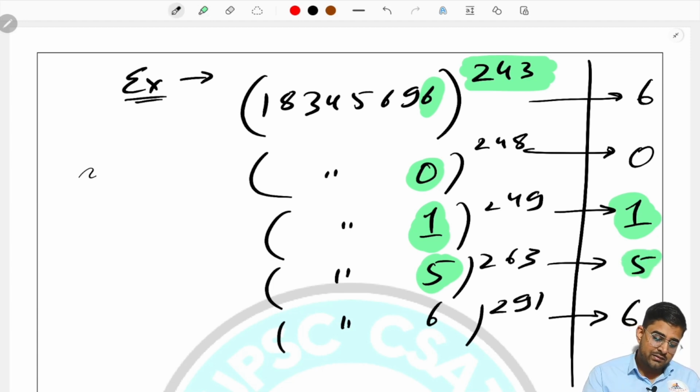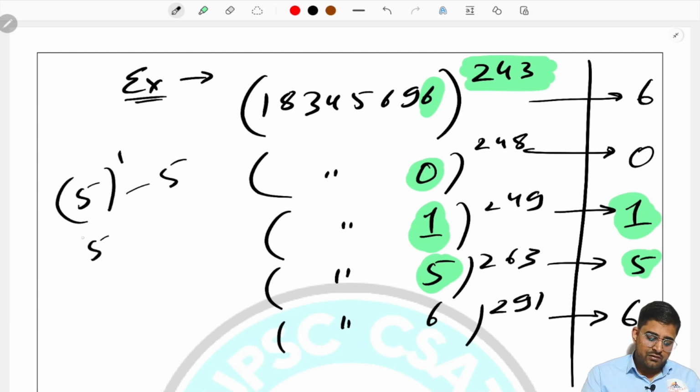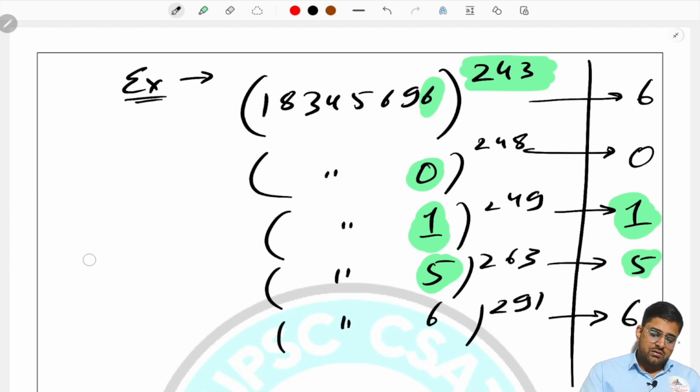For example, 5 power 1 is 5, 5 power 2 is 25, 5 power 3 is 125, and so on. So the concept is clear. And 6 power whatever it is, the answer will be 6. So that's property number 1.